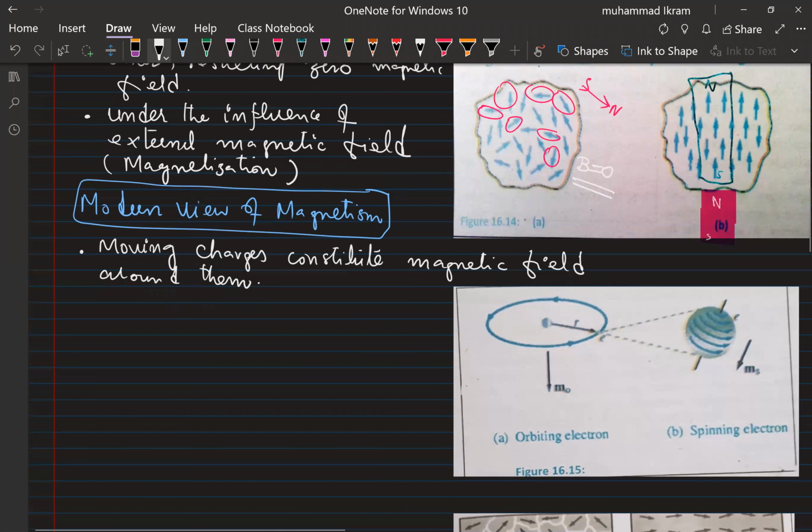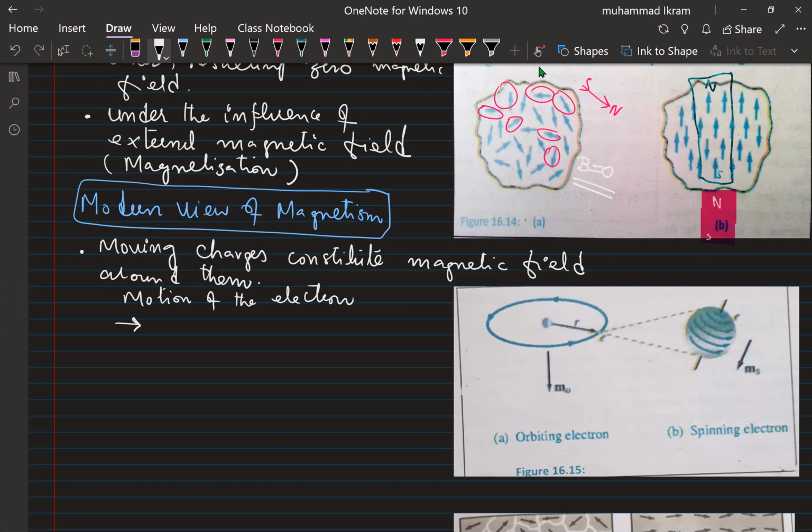So if we consider the motion of the charged particle, the motion of the electron, we have two kinds of motion for the electron.